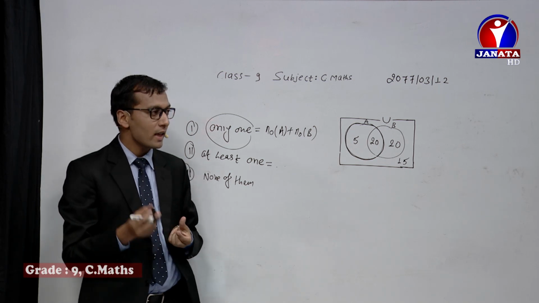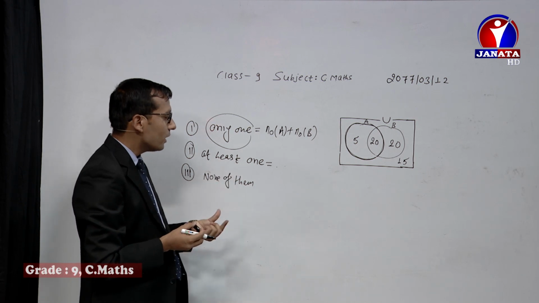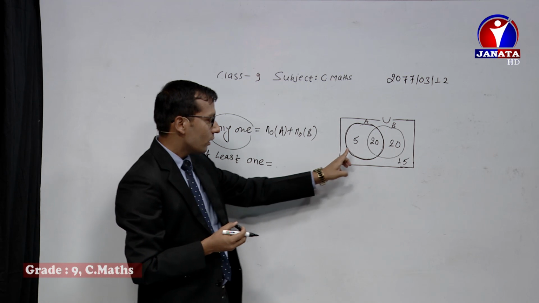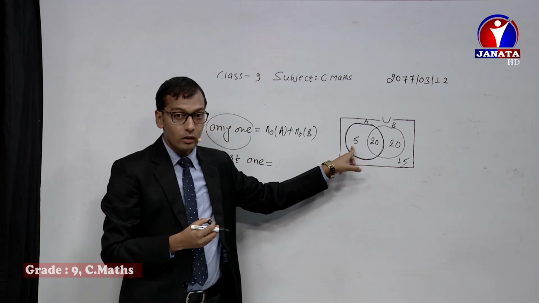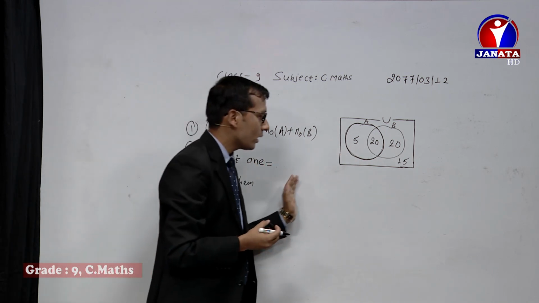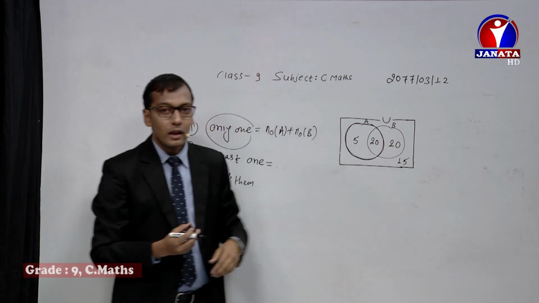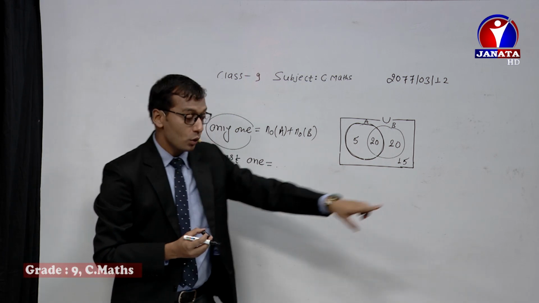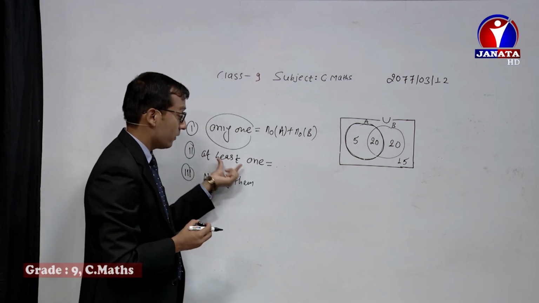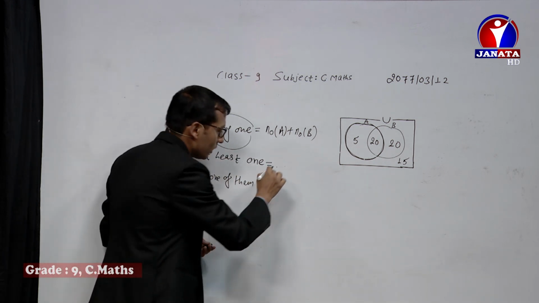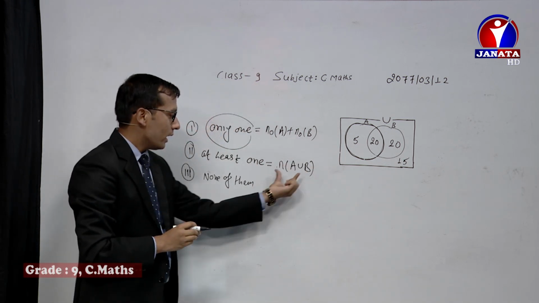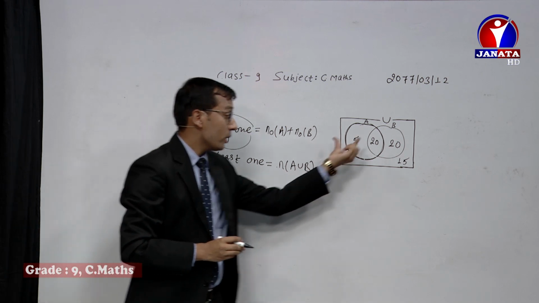A student can say I like only A, or I like only subject B, or I like both subjects A and B. So at least one is in fact n of A union B. Under n of A union B, there are three different parts.